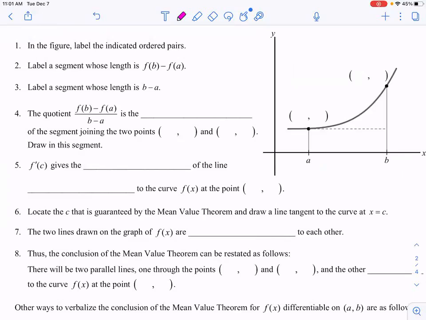Here's our figure. We have x is a and x is b. Let's go ahead and label our ordered pairs. So if x is a, then our y value is f of a. And if x is b, then our y value is f of b.